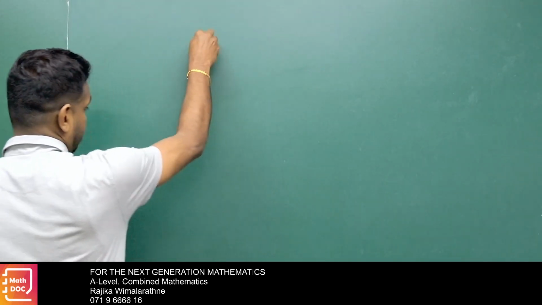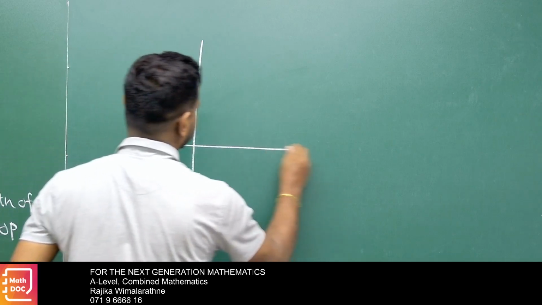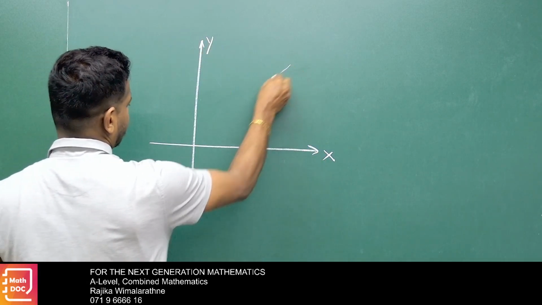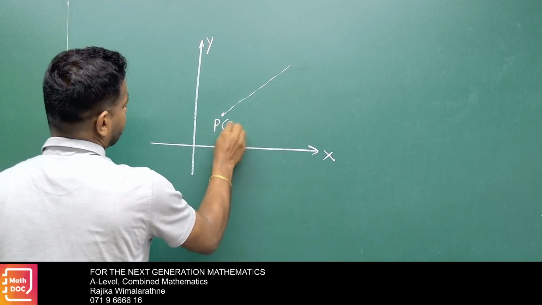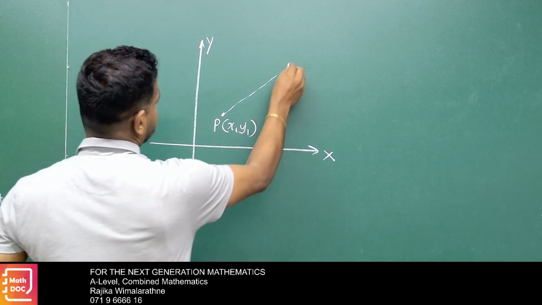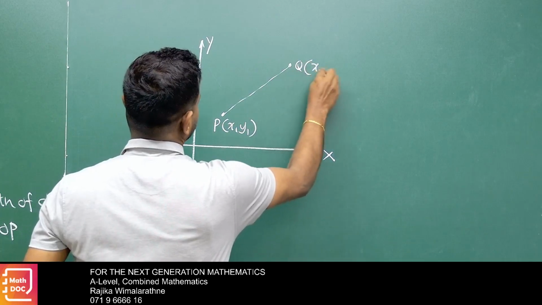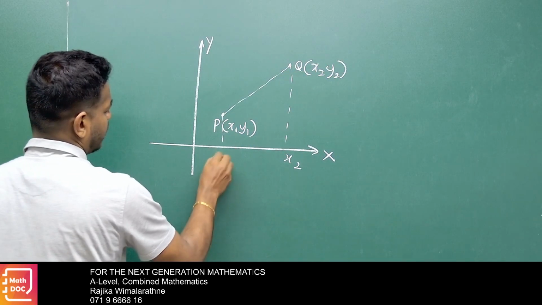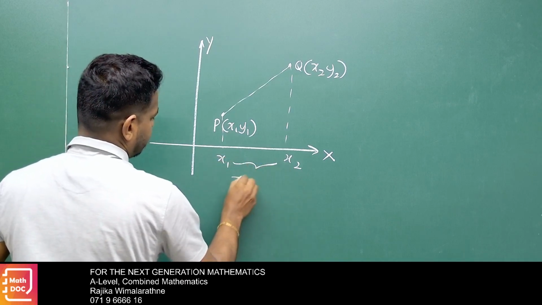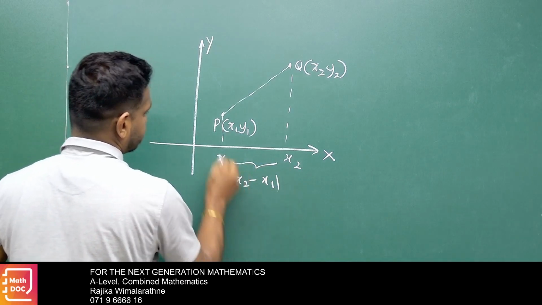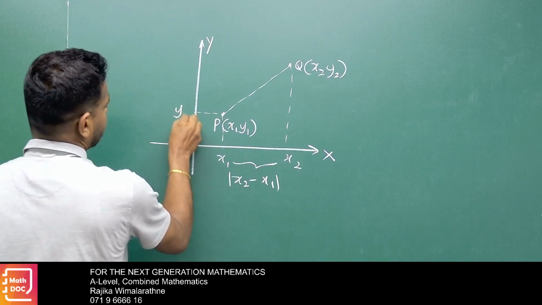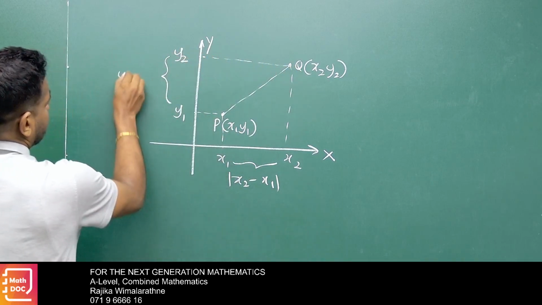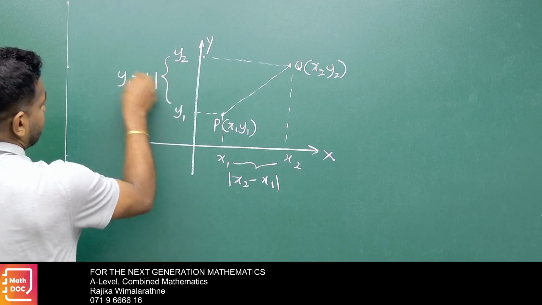Now here the second case. Here you take the x and y axes. Here point P, x1, y1, and point Q, x2, y2. Then here x2 minus x1 modulus, and y1 minus y2 modulus.